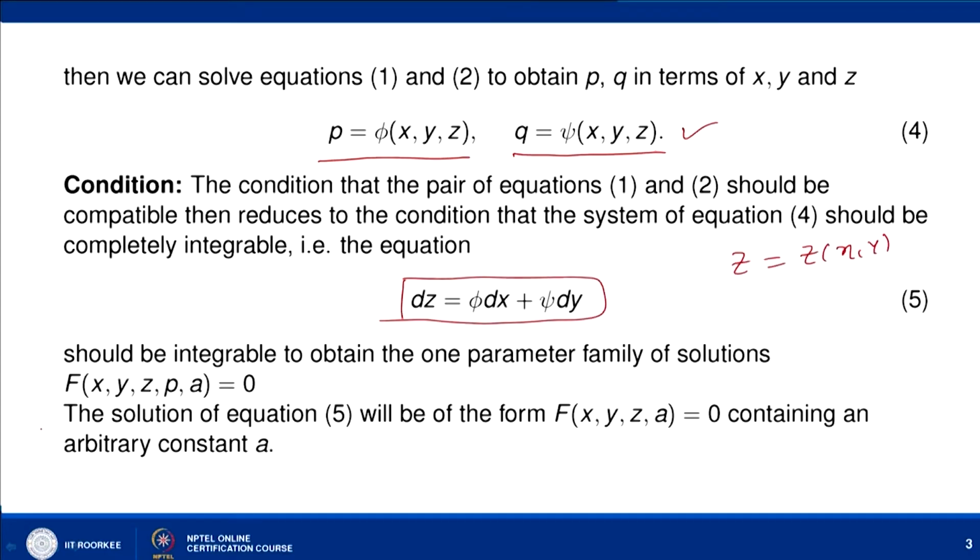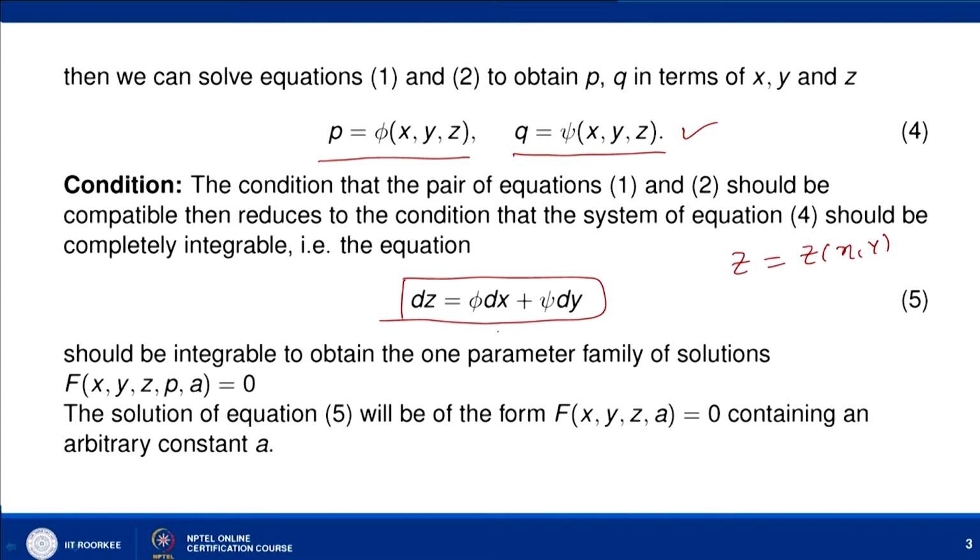Now, the condition that the pair of equations 1 and 2 should be compatible reduces to the condition that the system of equation 4 should be completely integrable, meaning the equation dz equal to phi dx plus psi dy should be integrable. Once it is integrable, we can find a one parameter family of solutions given as f of x, y, z, a equal to 0.